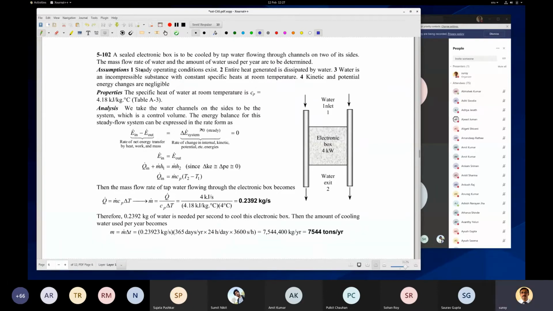So one, steady state operation exists. Entire heat generated is dissipated by water. So whatever heat is being generated here goes to the water. So there is exchange of heat between water and the electronic box which generates 4 kilowatt.